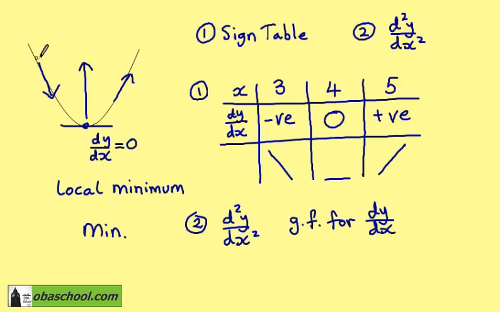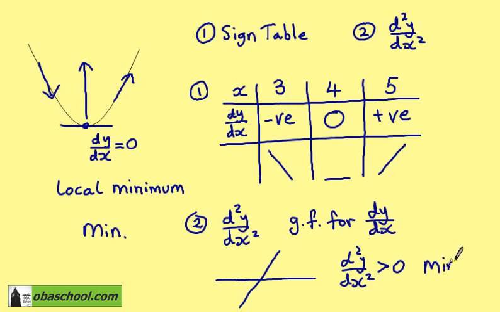If we consider what happens to dy dx, it's negative, goes through 0 and then becomes positive. So if we plotted dy dx, it would be sloping upwards, negative through 0 to positive. Therefore d2y dx squared, being its gradient function, would be positive. If d2y dx squared is positive, we can say that we have a local minimum.